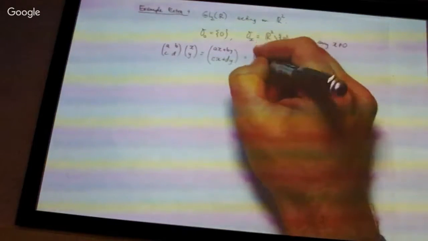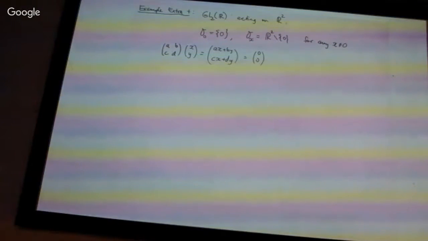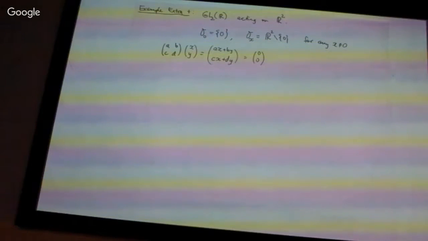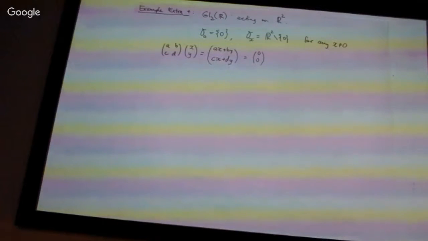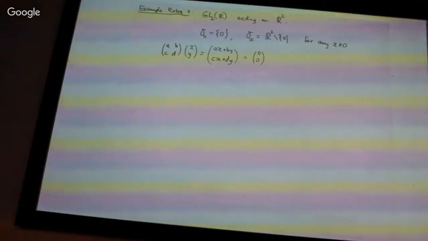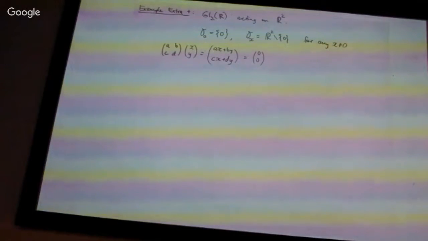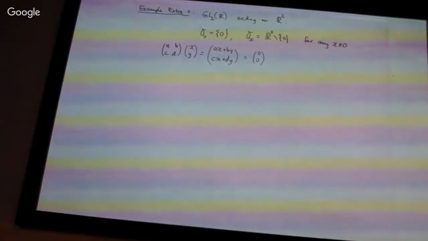You want this to be 0. If you're solving the system of equations, and from linear algebra you know that the determinant is non-zero, then you get exactly one solution.